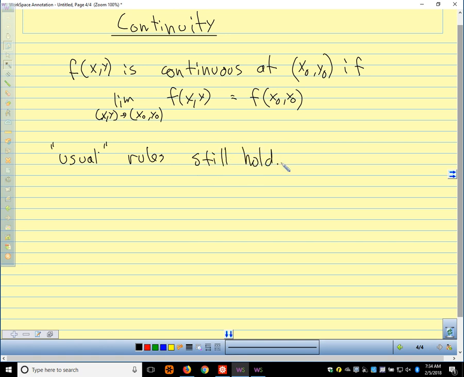So I can add continuous functions and get continuous functions. I can multiply continuous functions and get continuous functions. I can find the quotients of continuous functions and get continuous functions where those quotients are defined. So our usual rules still hold.